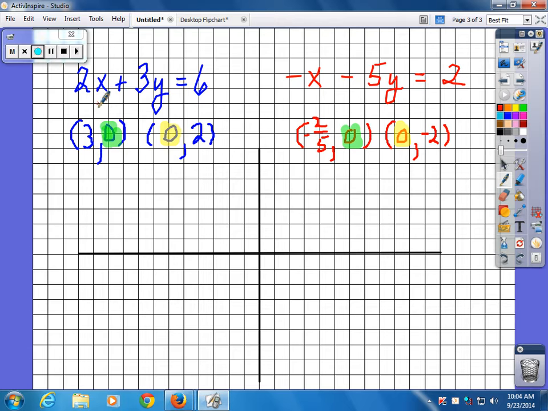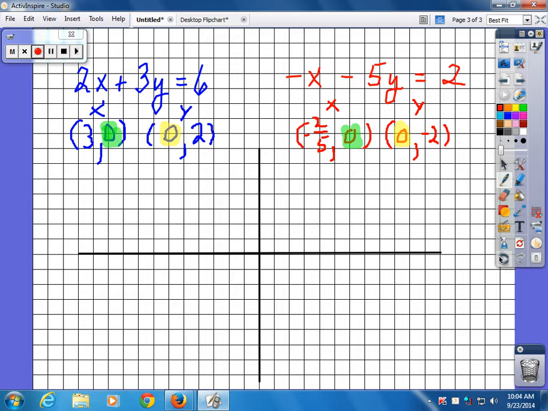This is the x-intercept. This is the y-intercept. And for the red one, same thing. This is the x-intercept. It seems like it's backwards though. It is. When you want the y-intercept, you plug in 0 for x. When you want the x-intercept, 0 for y. No, I mean the answer is backwards. You want the x-intercept, plug in 0 for y.